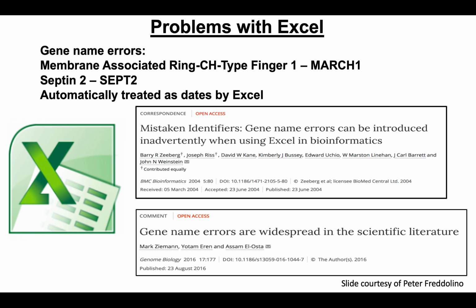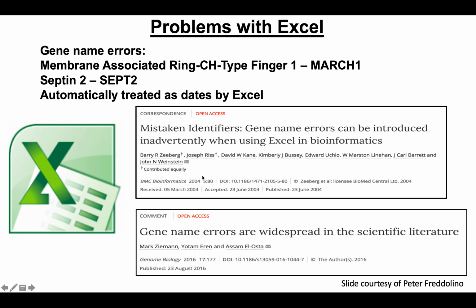Another issue with Excel that's come up is that it's going to be looking at gene names, for example, genes like March 1 and Sep2. It's going to recognize those as dates and automatically turn those into the dates March 1st and September 2nd. Again, just showing that Excel is not really designed with biomedical data analysis in mind. And you would think this isn't a big deal, but it's actually sort of tripped up investigators, and it's gotten into the literature.